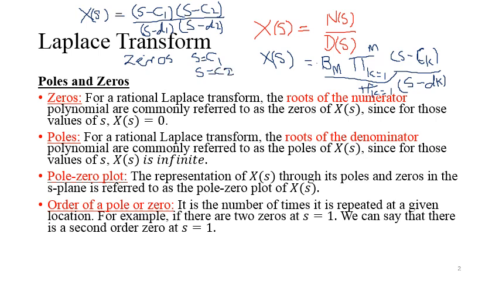If s equals c1, then c1 minus c1 is 0, and 0 multiplied by anything is 0, so divided by the denominator this will also result in 0. So we get the first zero when s equals c1, and similarly the second zero when s equals c2. So for zeros, X(s) will become 0.